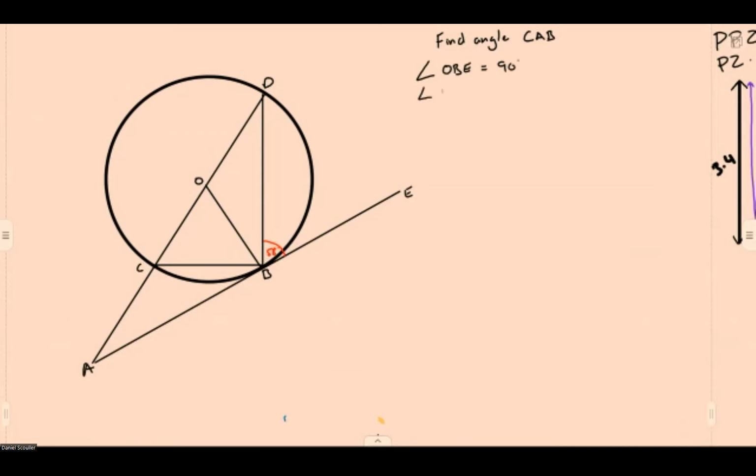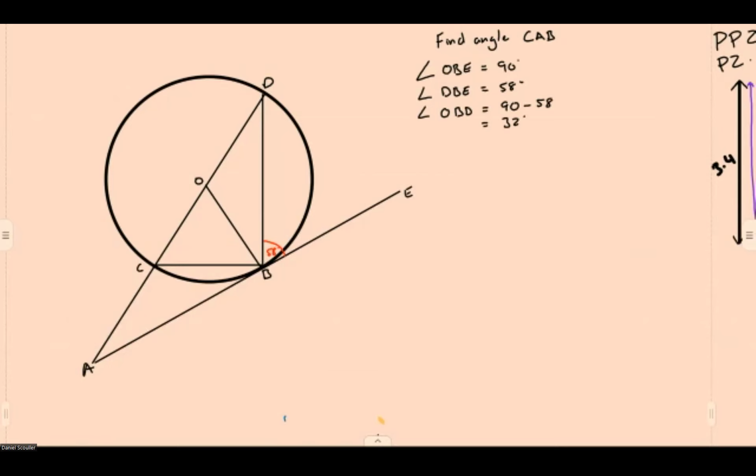Angle DBE is given, that's 58 degrees. That means angle OBD equals 90 minus 58, which is 32. Although you know it's going to be 32, you would show your work, showing the fact that you're taking the bits away. Just follow it right through.